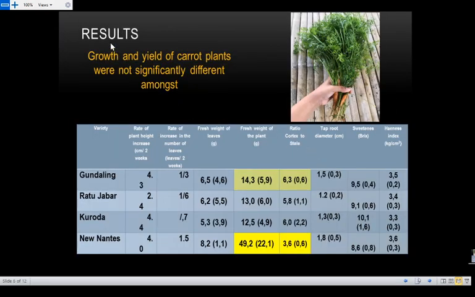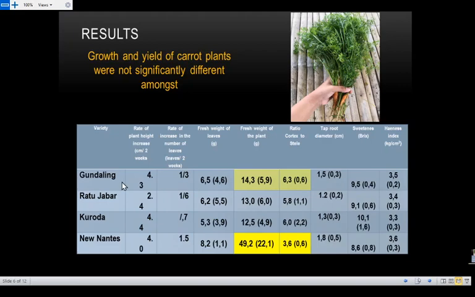The result of our research showed that growth and yield of carrot plants were not significantly different, and this table shows quite similar results for Gundaling variety, Ratu Jabar variety, Kuroda variety, and New Nantes variety, particularly for growth.